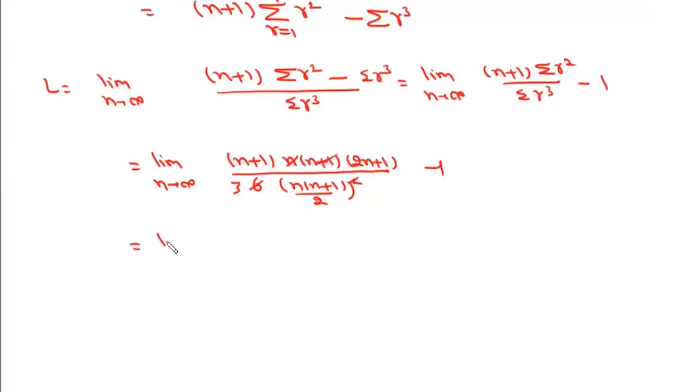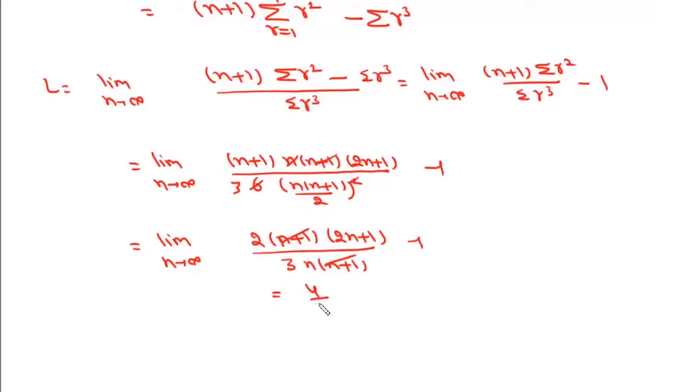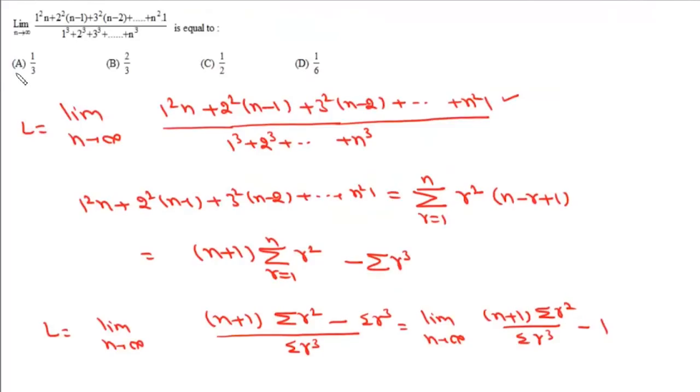So we'll get limit n tends to infinite, n plus 1 into 2n plus 1 divided by 3n into n plus 1, minus 1. Now this n plus 1 will also cancel. So the answer to this question will be 4 upon 3 minus 1, which is 1 by 3. And that's your option A.